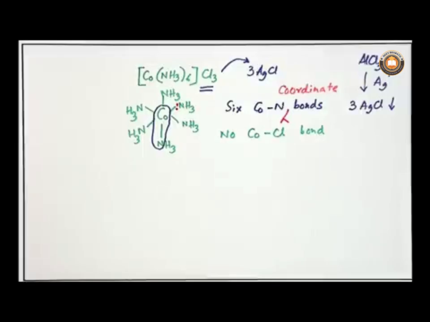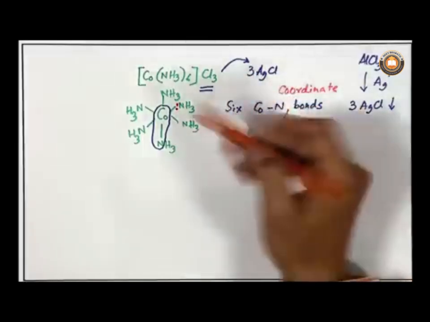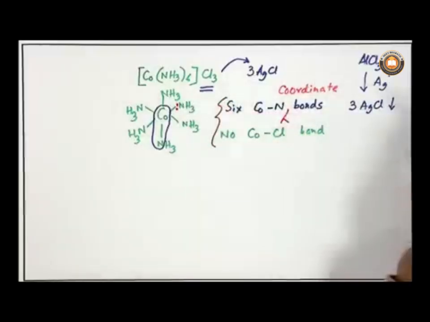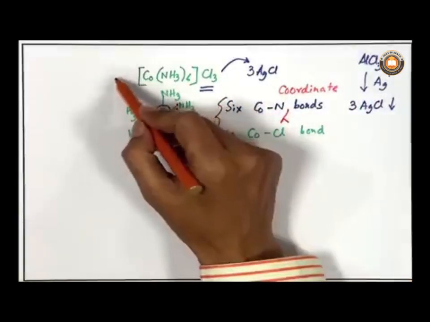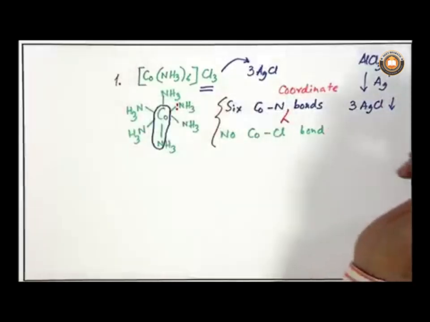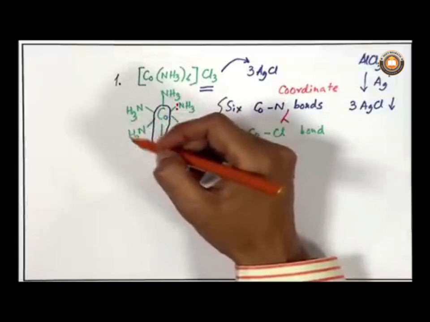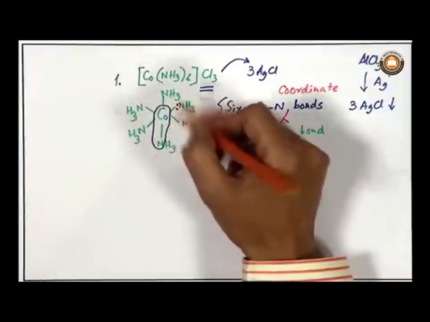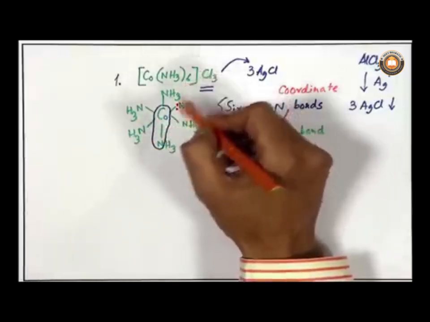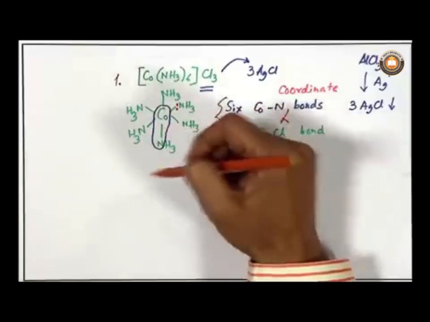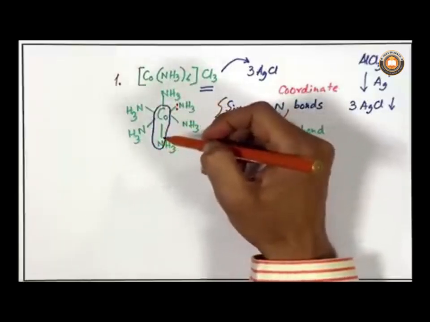So, these are the two statements which are very useful and which we should all know immediately. This is the first compound. The second compound is the yellow compound, the third one is the purple compound, and the only difference is that you now change or manipulate the corresponding coordination environment.